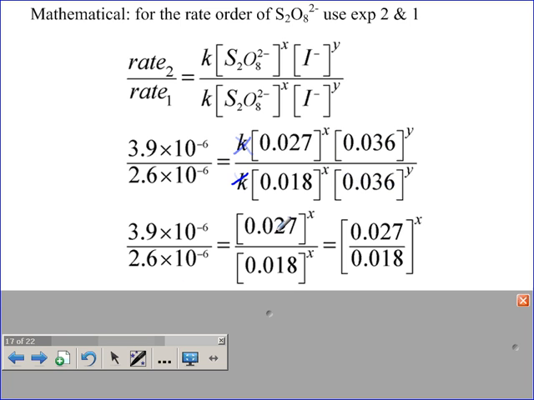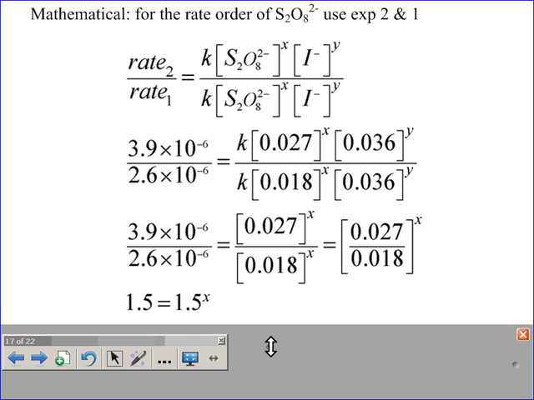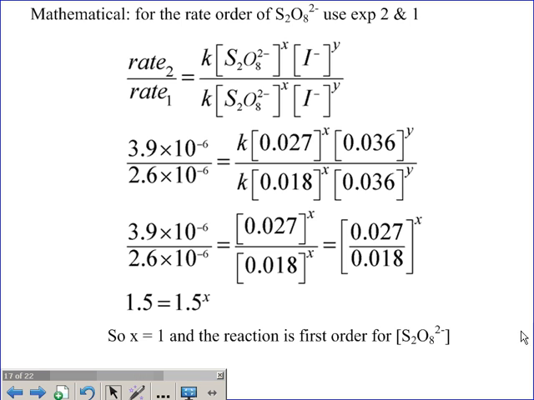my ratio of rates equals 0.027 over 0.081 to the x power, or 1.5 equals 1.5 to the x power. Okay, so this one works out just fine. X equals 1 and the reaction is first order for S2O8 2-.